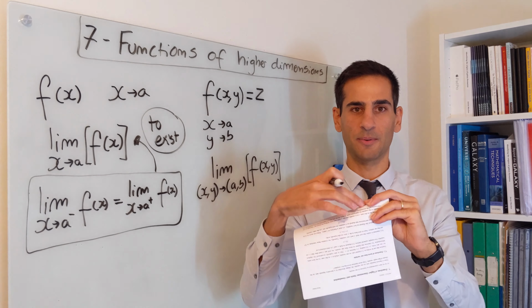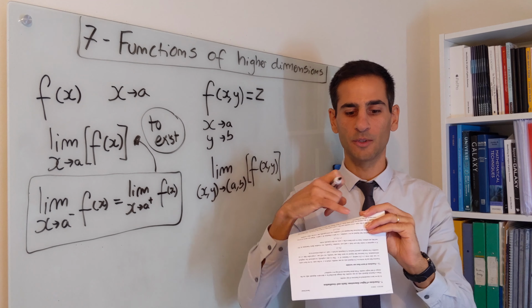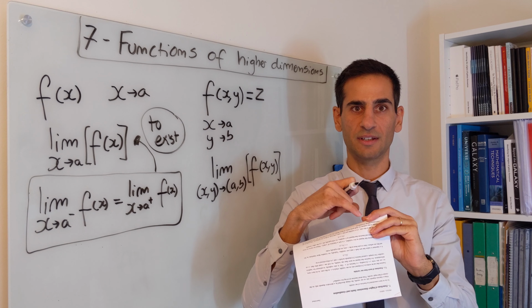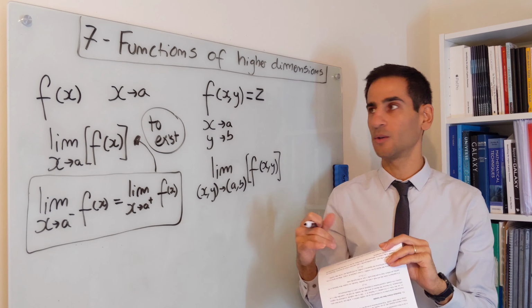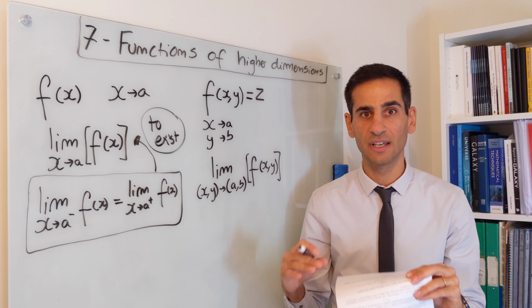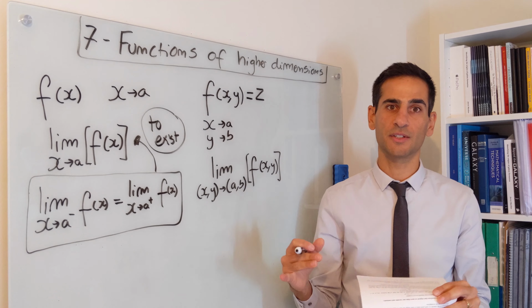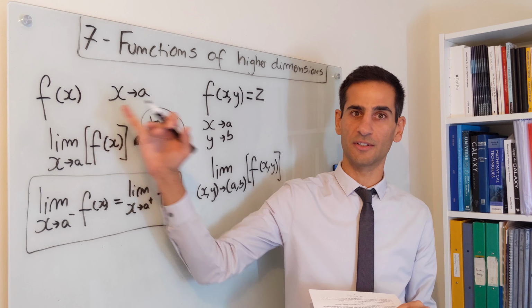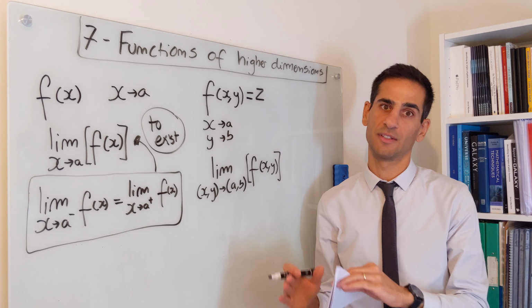There is no gap or hole in the fabric of space-time of the lecture notes, which means that the function is continuous. So in many cases, provided that you know that a surface or a function with any number of dimensions is continuous at that point, calculating the limit is as easy as for functions of one dimension. All you have to do is plug in the values and you get it.